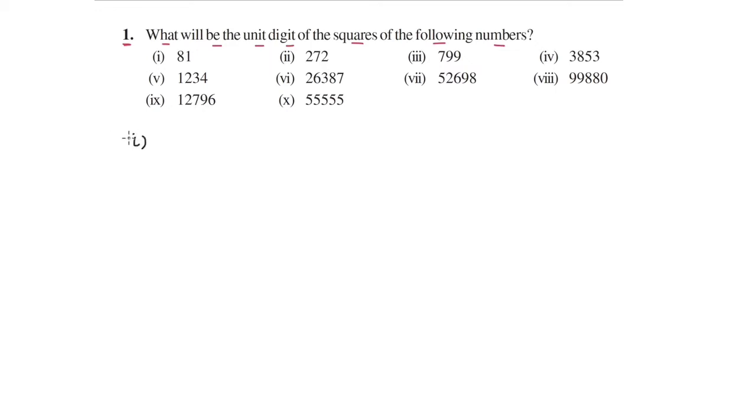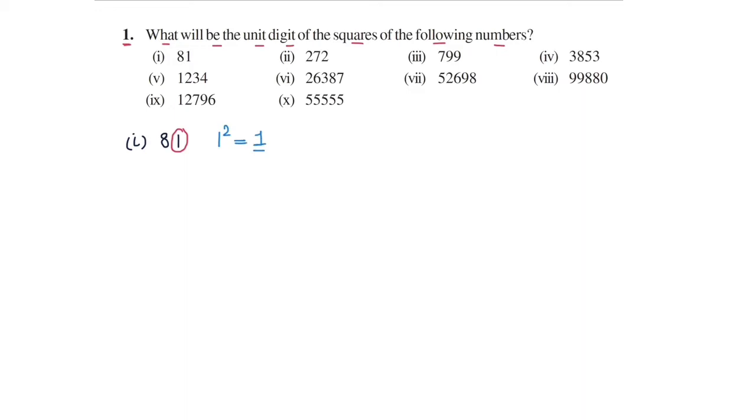In the first part we have 81, and the unit digit of 81 is 1, right? So the unit digit of the square will be 1 squared, or 1, as 1 times 1 gives you 1 only. So this will be your answer.